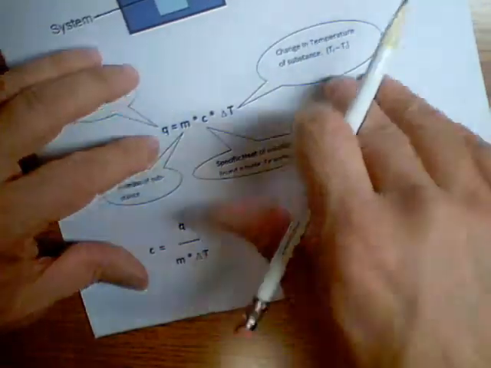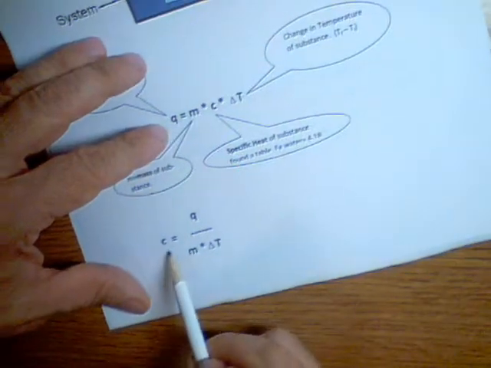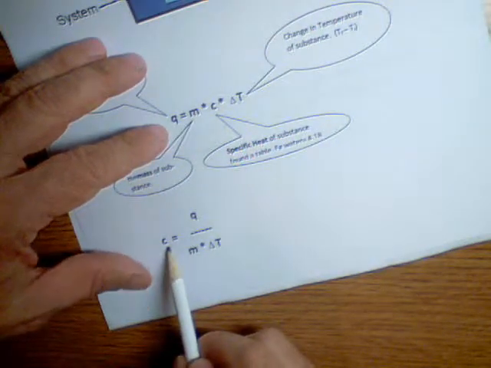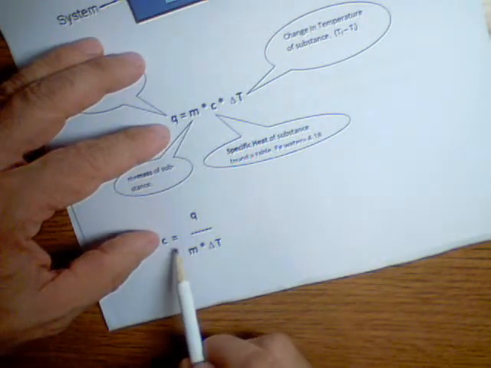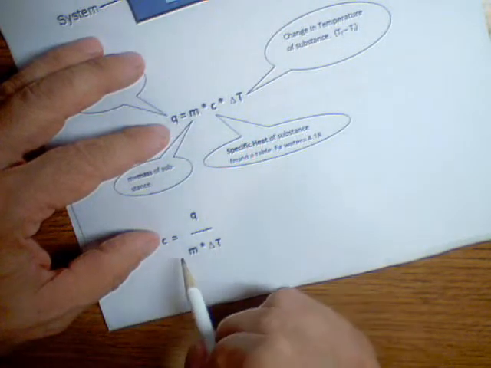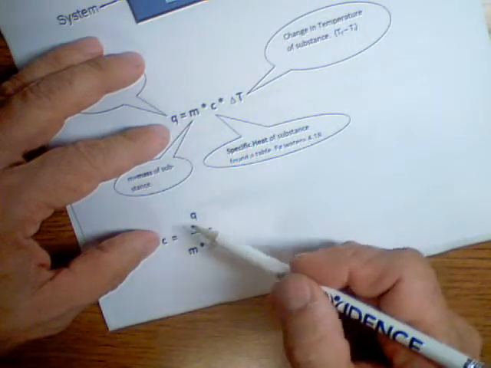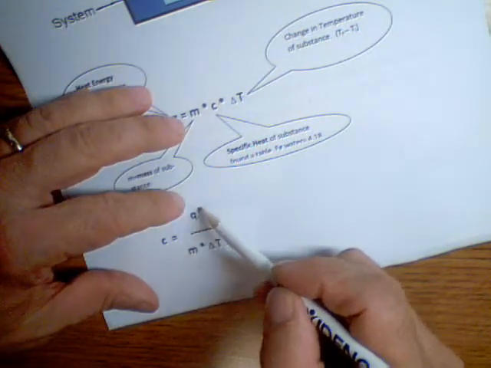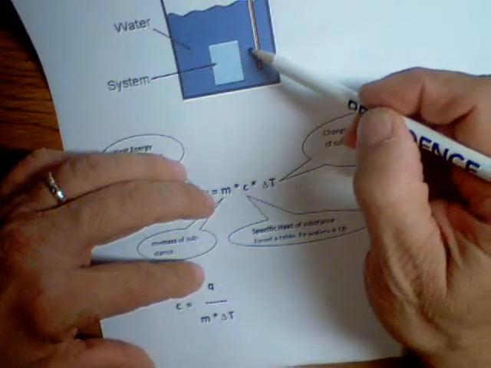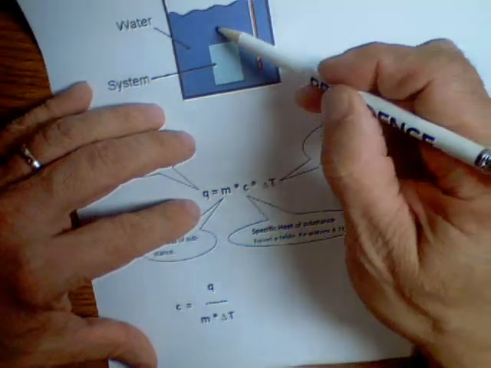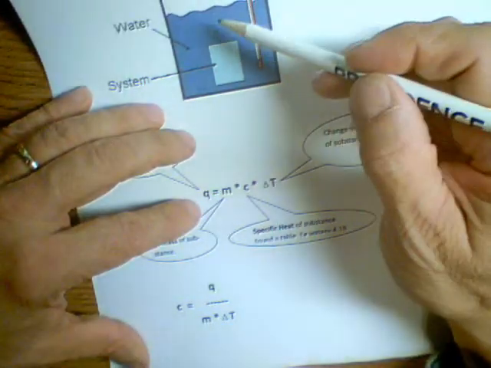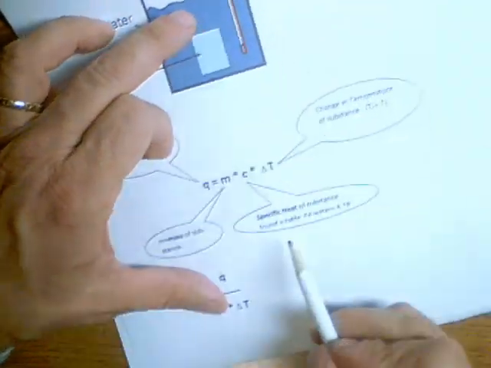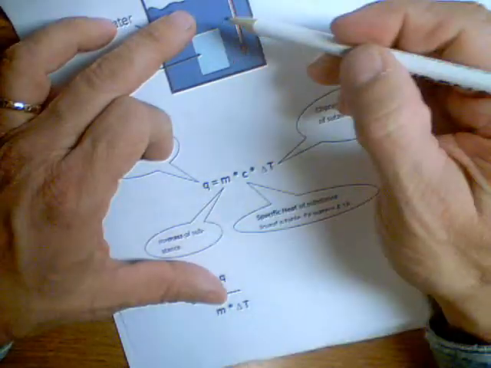If you know the heat energy but you don't know the specific heat, which is something you'll have to do for a metal in our class, you take that heat energy, maybe the heat energy that you got from the water, because you know the mass of the water, you know the change in temperature of the water, and you know the specific heat of water is 4.18.